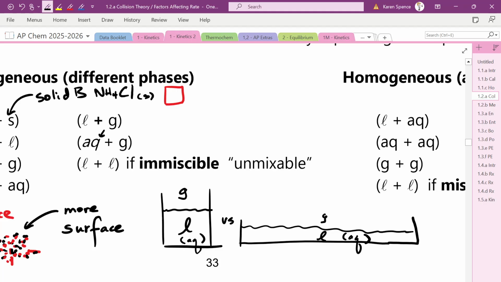Okay. You could even have two liquids, oil and water, for example. I mean, the two of those don't react, but you could find something where you have liquid A and liquid B, and you have a surface between them.